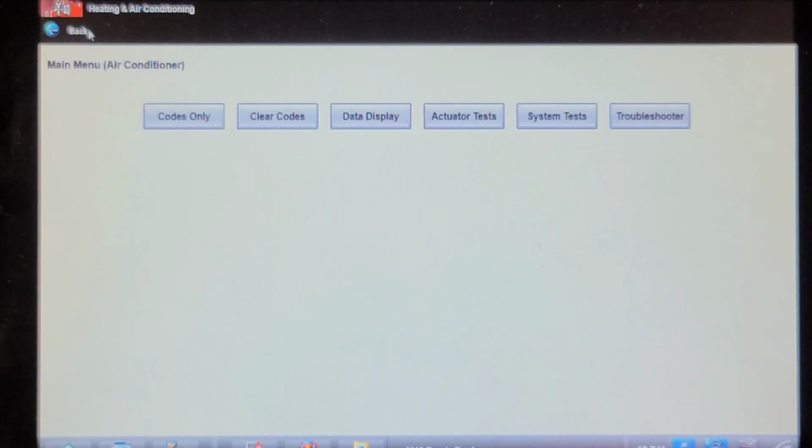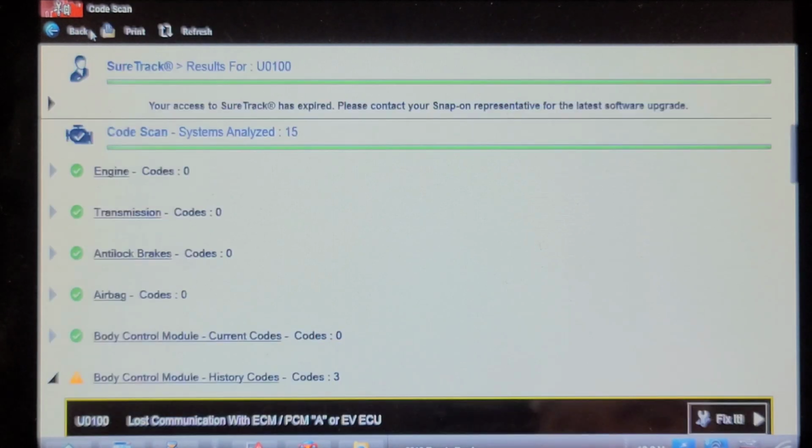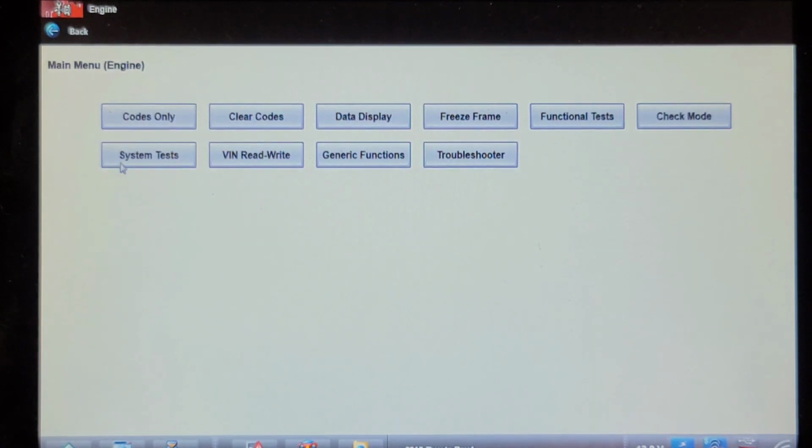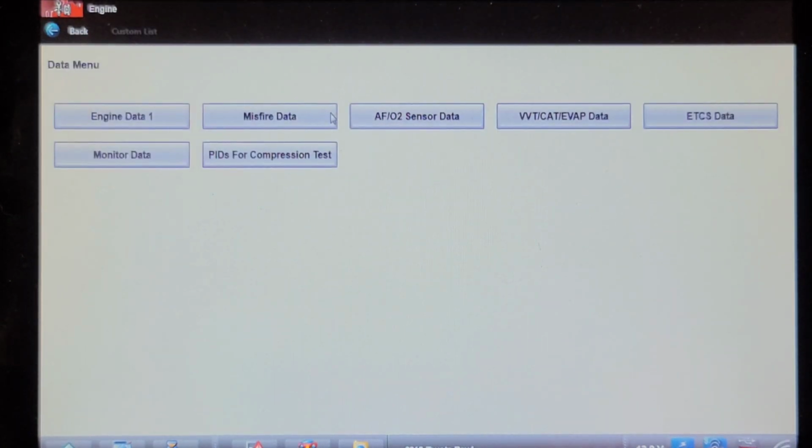I'm going to have a look around in the engine control computer and see if it shows data related to the HVAC pressures. If not, we're just going to put the refrigerant machine on it and check system pressures. DVT, CAT, evap data.